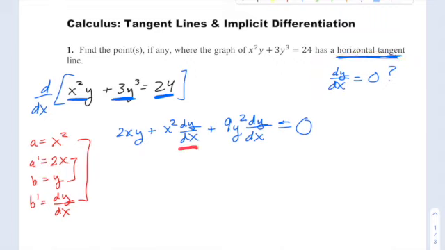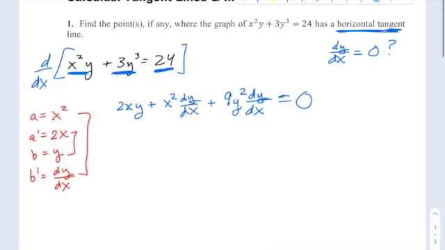You've got to solve for dy dx first, right? So now you should be getting pretty good at this by the time you get to this kind of problem. So I'm going to do two things. We want a dy dx party on the left side, which means this is going to move to the right side. And I'm doing that so that I can factor this out. So I'm going to do the factoring and the maneuvering here in the same step.